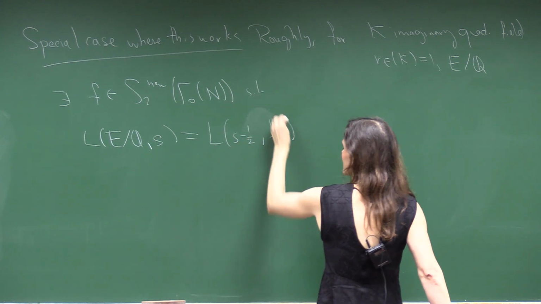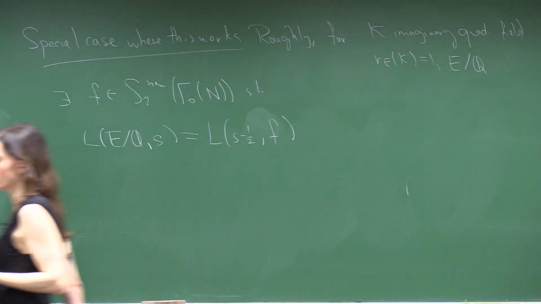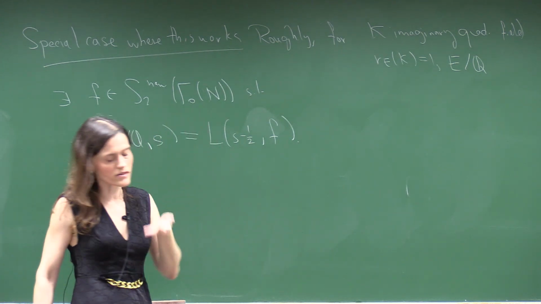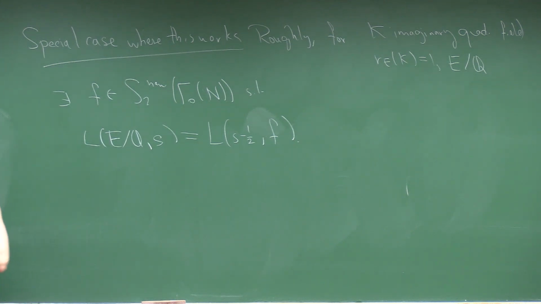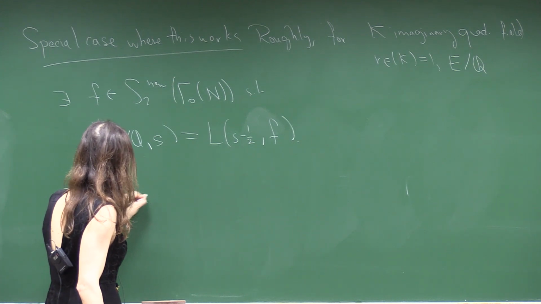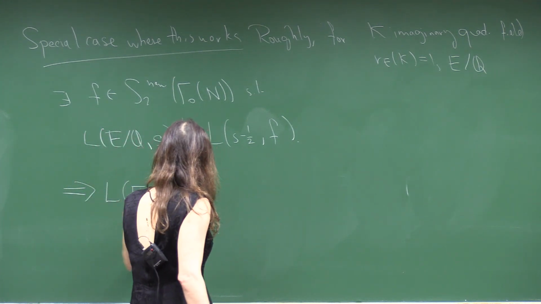Maybe just shift by half to use the automorphic normalization. And in this situation, if we base change to K and consider any Hecke character of K, then what happens is that the Hasse-Weil function of E over K, twisted by any Hecke character.